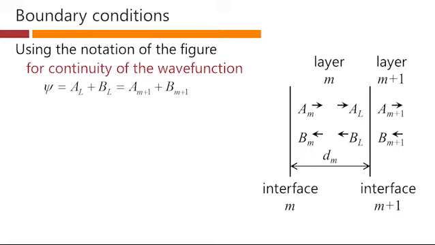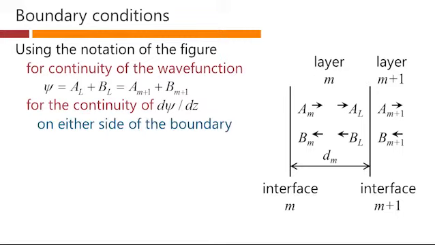And for the continuity of the derivative of the wave function with respect to z on either side of the boundary, because of our form of the wave that we chose to write down, when we take the derivative, we get ik times a minus b. That comes from the fact that the b is in front of a backward propagating wave, and so the derivative gives us a minus sign in here.